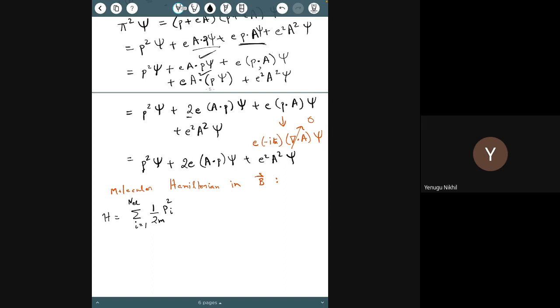Then you have 2e by 2m, again for every electron, sum over i, A_i dot p_i.